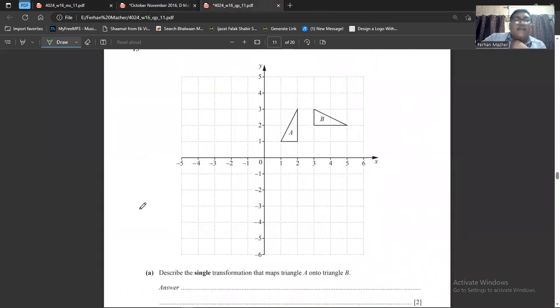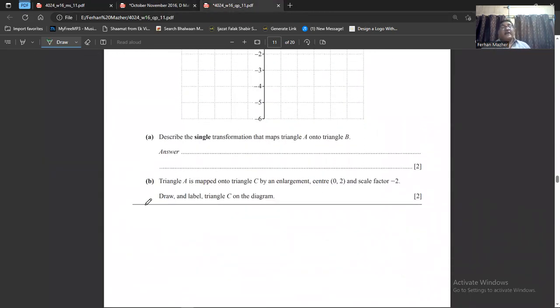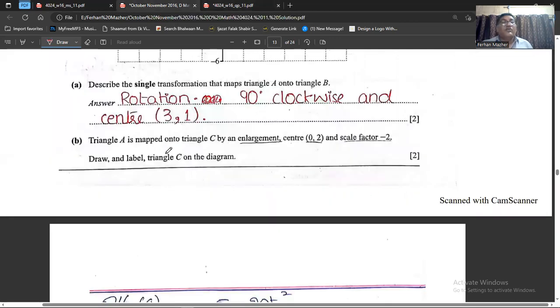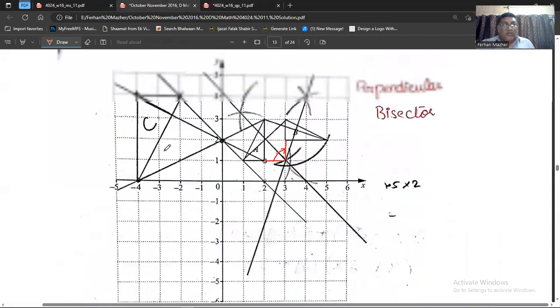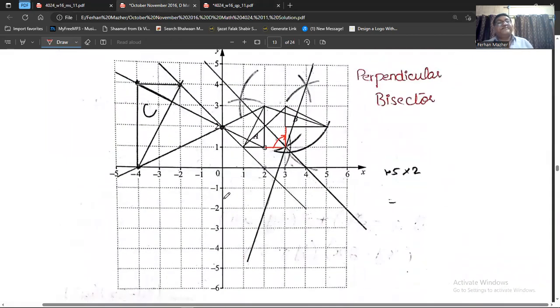Okay, then they say triangle A is mapped onto triangle C by an enlargement. We have to do the enlargement with center 0, 2 and the scale factor is -2. Okay, so you see, 0, 2 is the center of the enlargement.